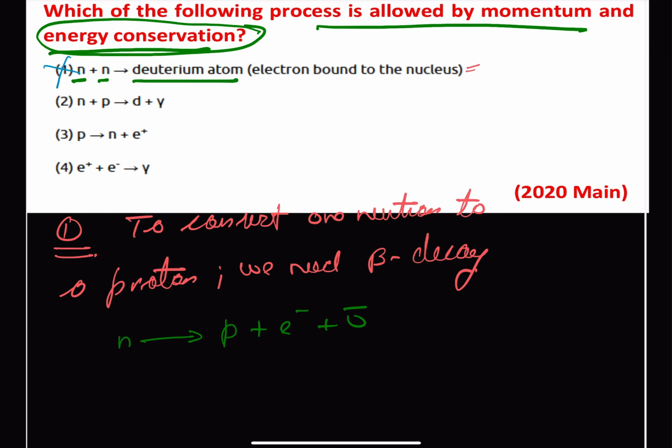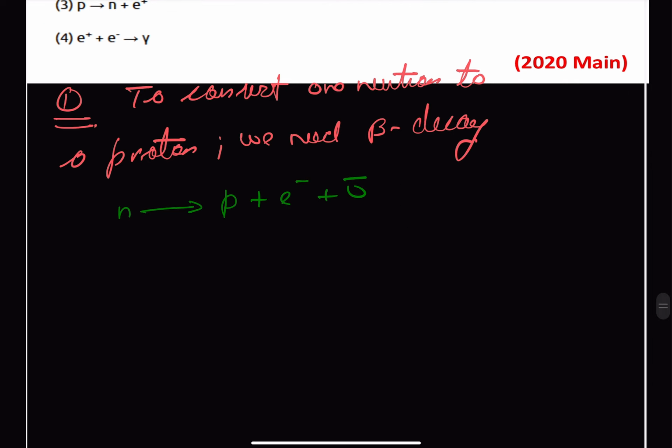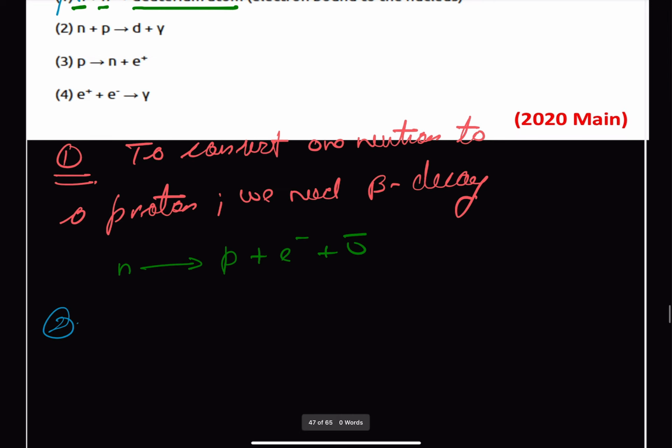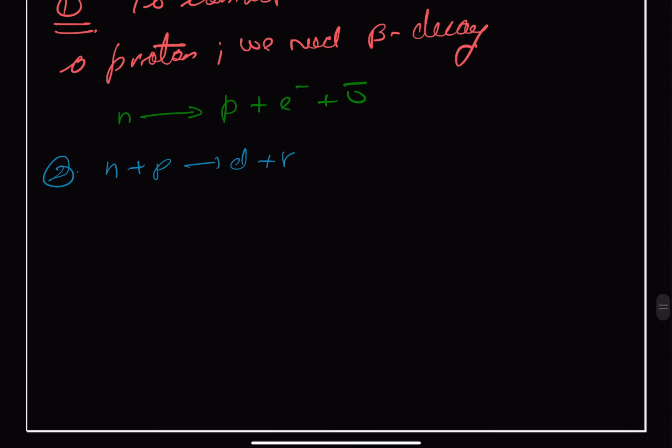Now we come to option 2. Option 2 states that N plus P is going to give D plus gamma, and let us check it with respect to the masses.